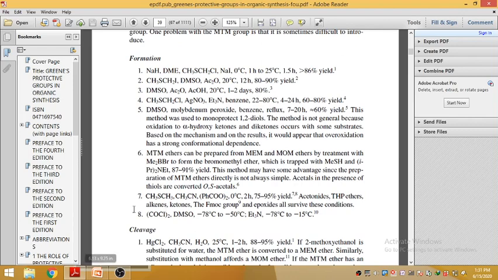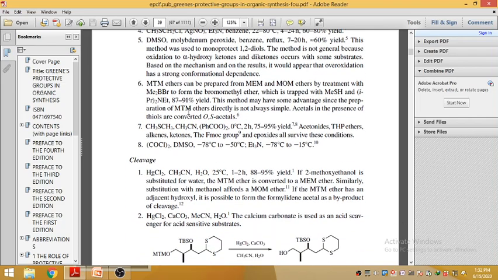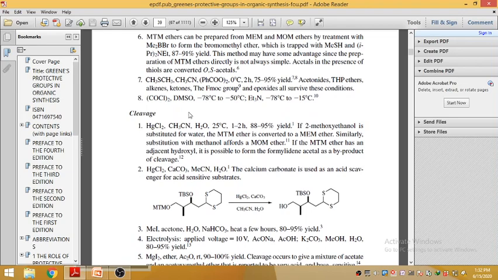So there are many methods. They have also used DMSO in many methods as a solvent. So you can get the references, download papers and see the details.